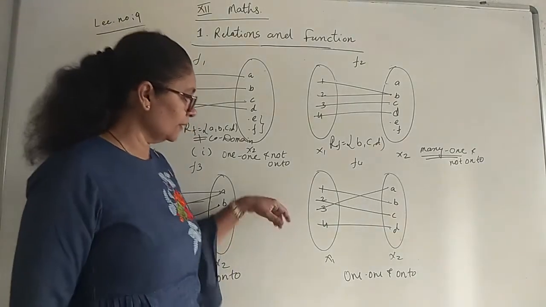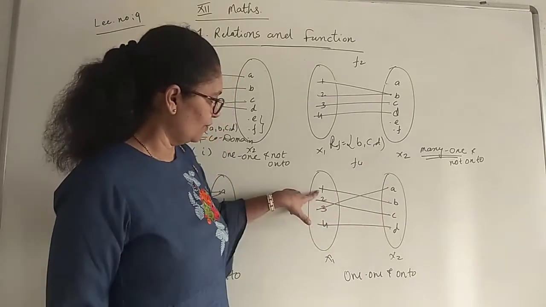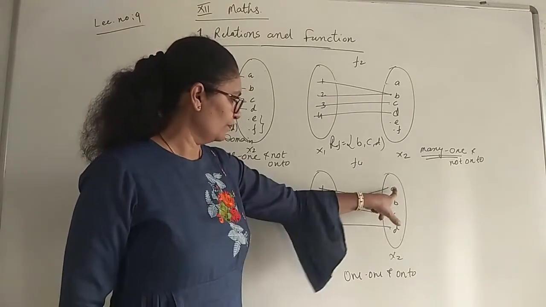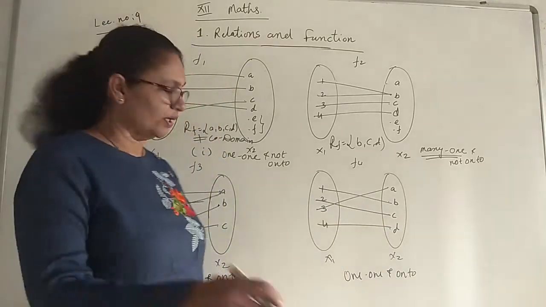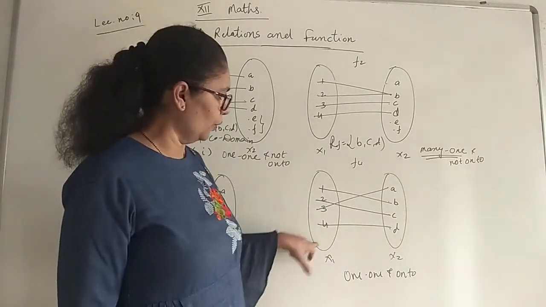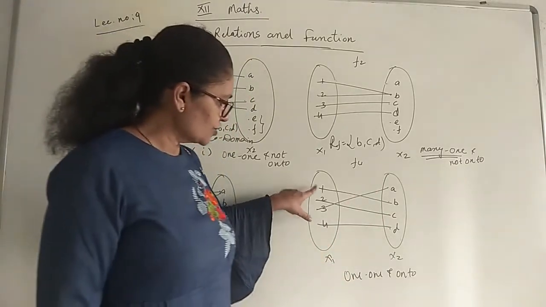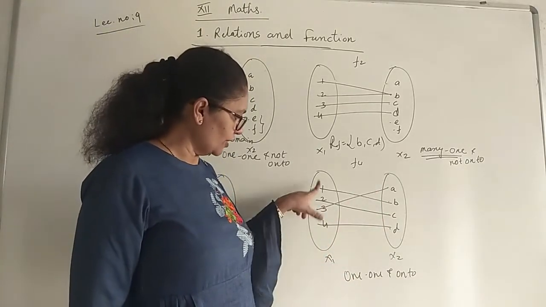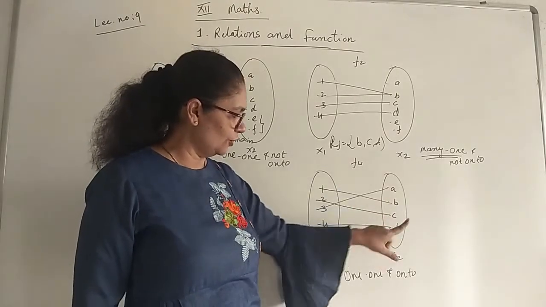Same way the last figure: 1, 2, 3 and 4 are given here, and A, B, C, D here. With 1 B, with 2, what is it? C, with 3 A and with 4 D. What is the meaning of it? With 1, 2, 3, 4, there are A, B, C, D. So with one question, one answer means one-one. Now what is your range here? A, B, C, D only is the range, and that is also your codomain.